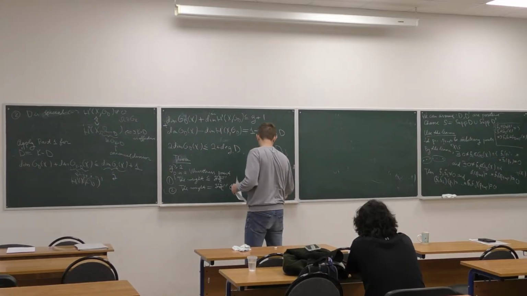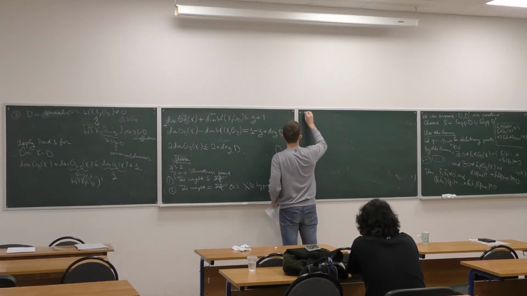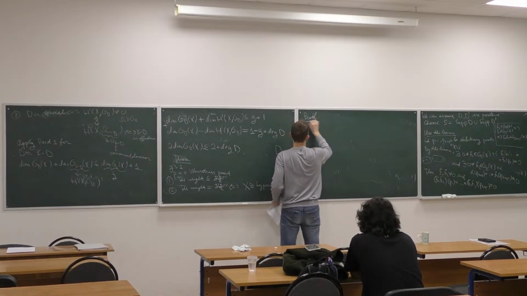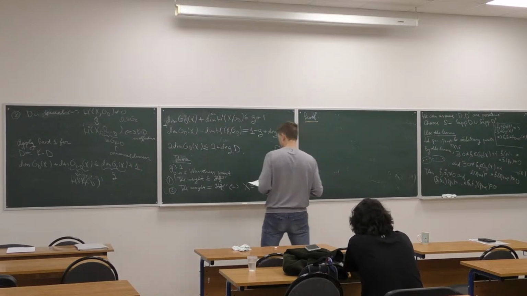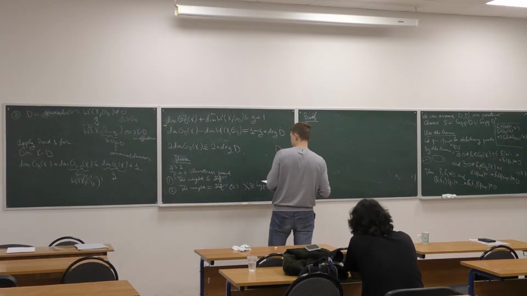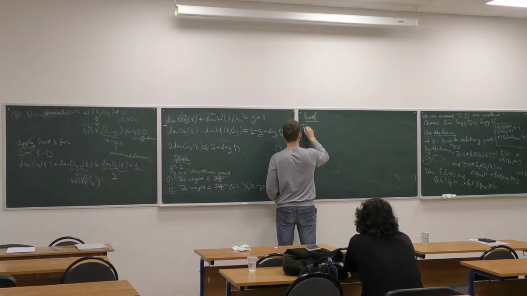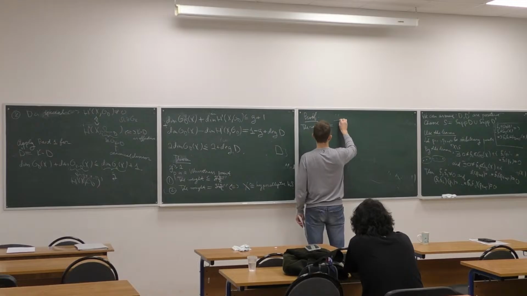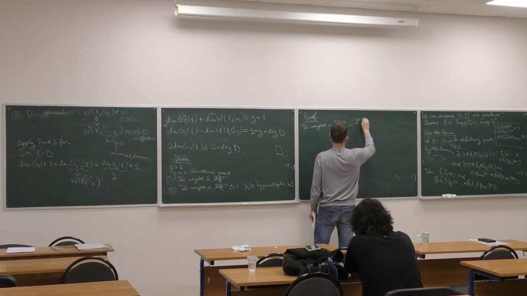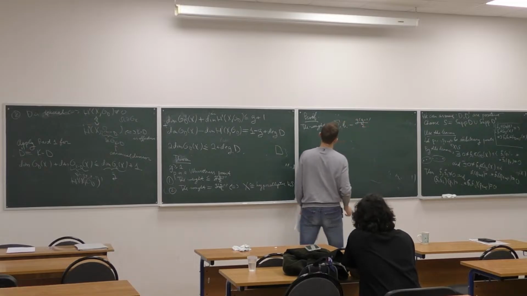Yeah, now it just becomes a formal computation. Again, the weight is equal to the sum of the b_i's minus g times (g minus 1) over 2.